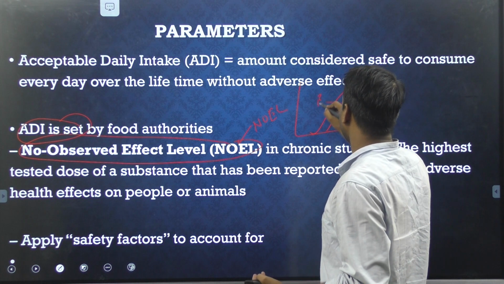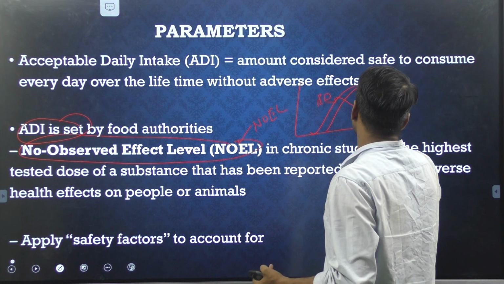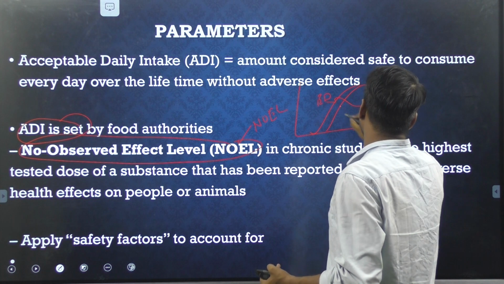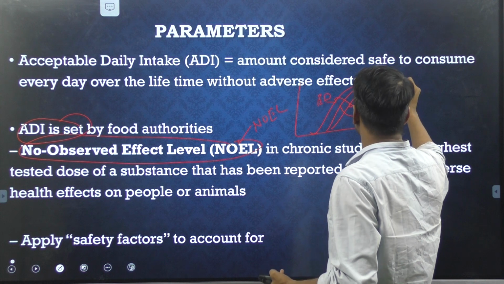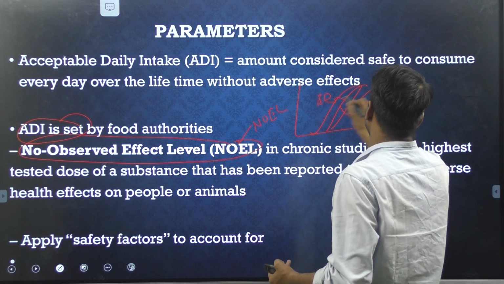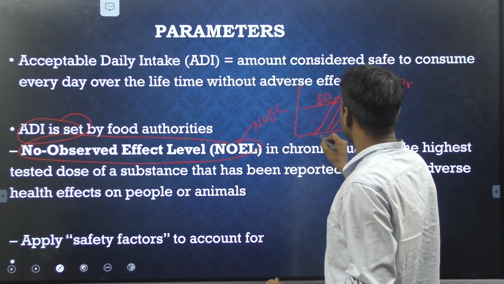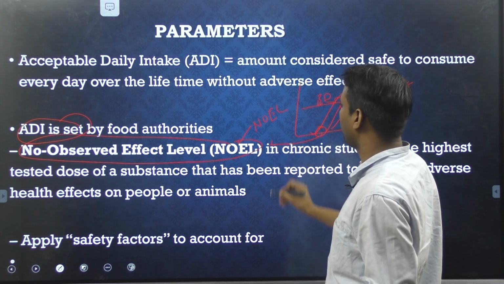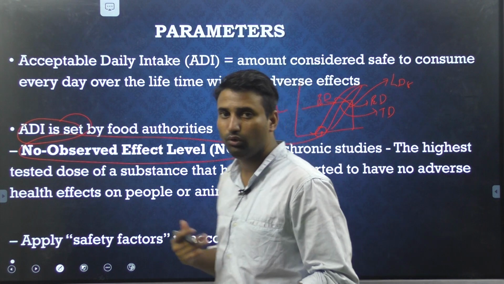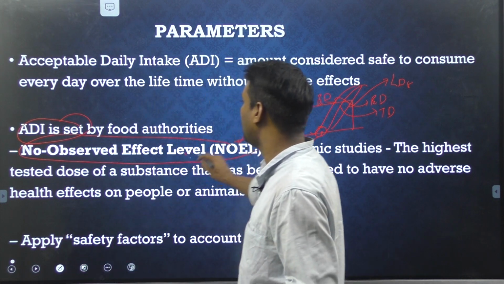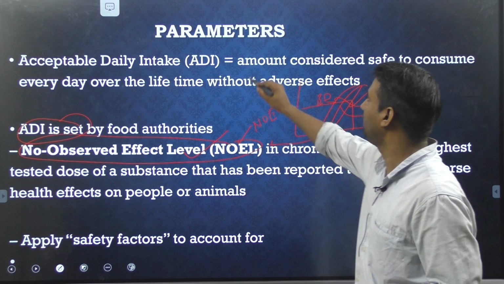If it is an effective dose curve, let's say ED and TD, tolerable dose, and LD50, you will find this is the point where the no observed effect level is. Means at this theoretical point, when there is no effect on our body, that is known as NOEL.